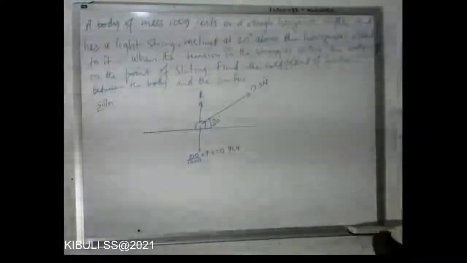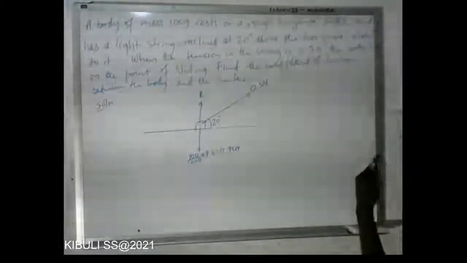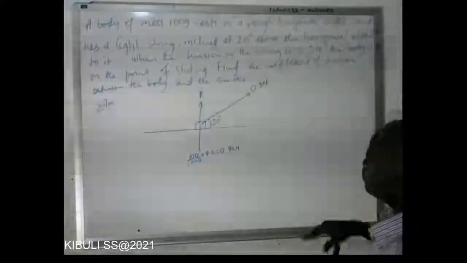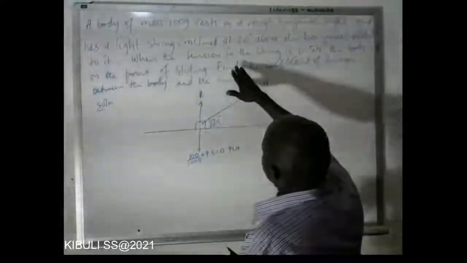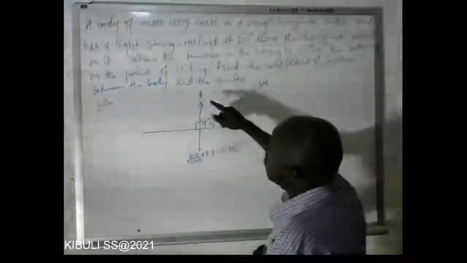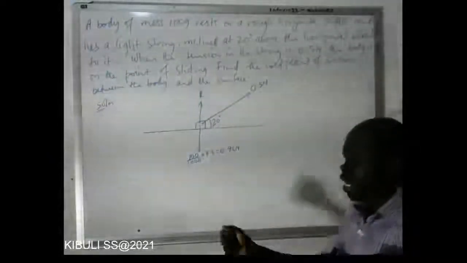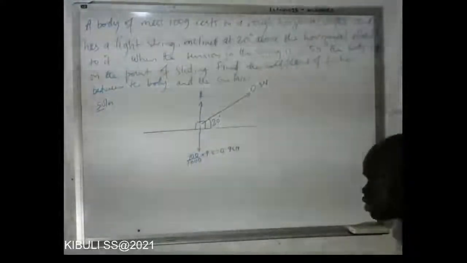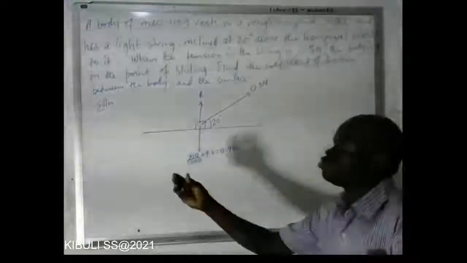Since this body is in limiting equilibrium, when the tension in the string is 0.5 newtons, the body is on the point of sliding. The body is about to move.